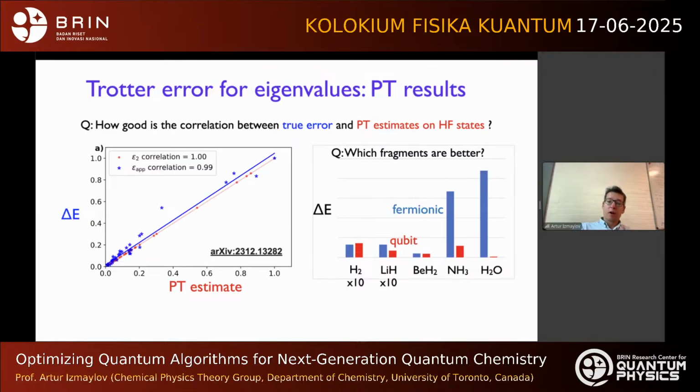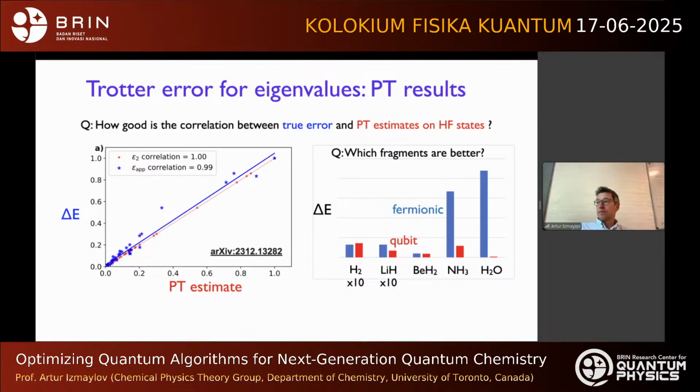And if we now look at the best fermionic method versus the best qubit method using actual error, then the picture is different. Qubit fragments are actually much better than fermionic ones.